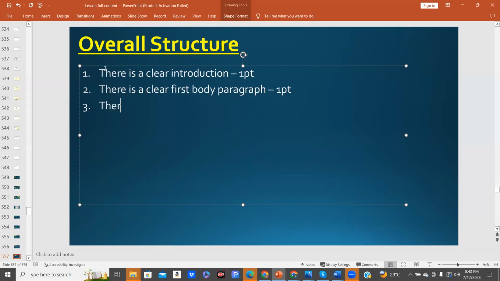Number 3, there is a clear second body paragraph.